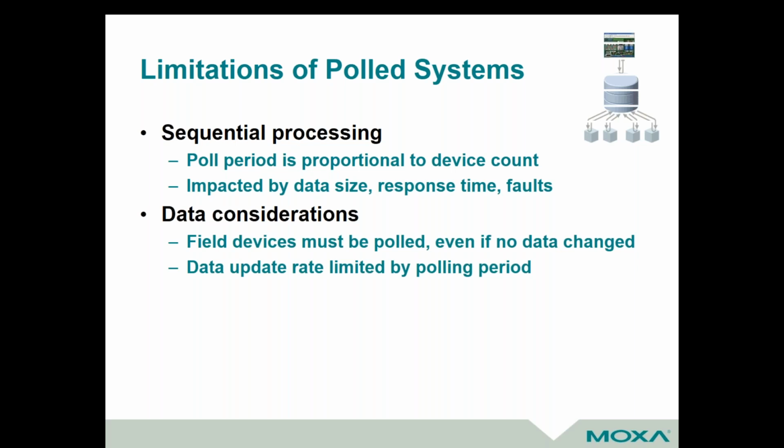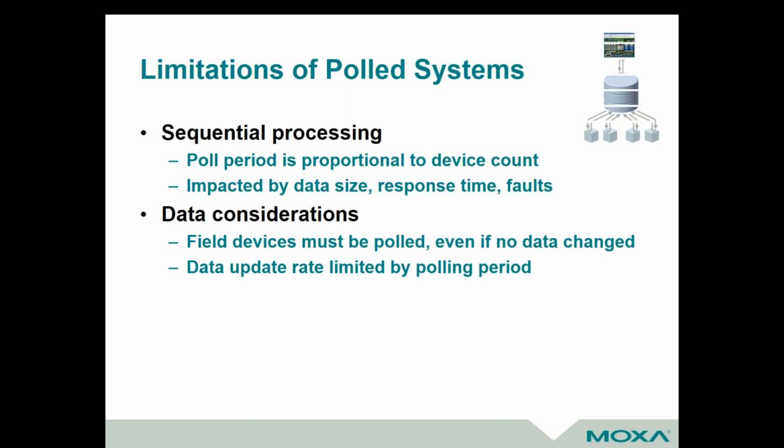You also need to think about this: when you do a DNP 3 or Modbus application, you're always polling that data whether it's changed or not. So if I'm looking at a lift station on a wastewater application, and the level height for the well has not changed in the last 15 minutes, I'm going to poll it regardless. I have no way to work around that.